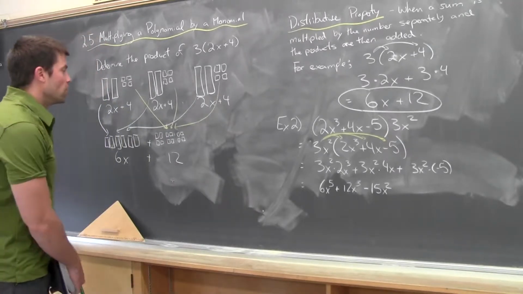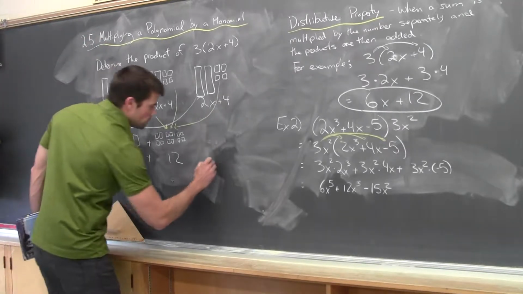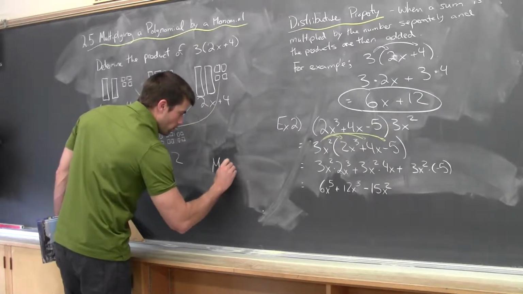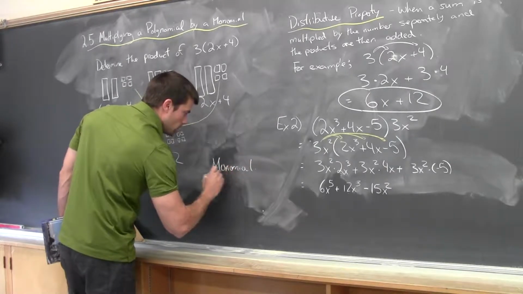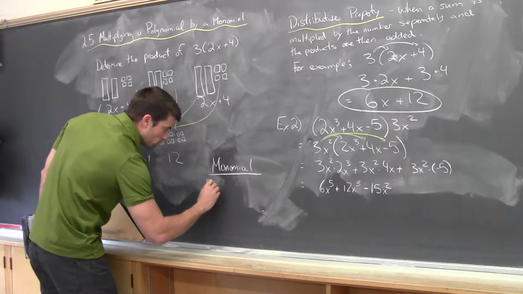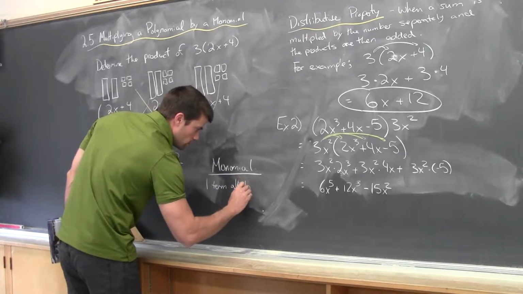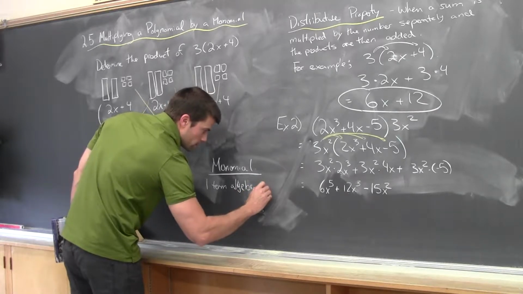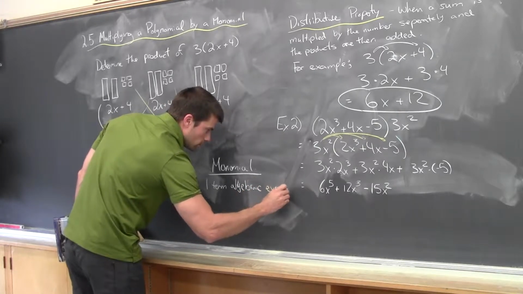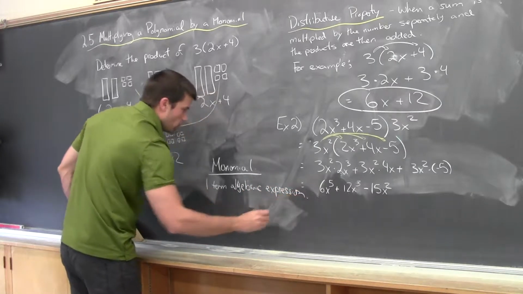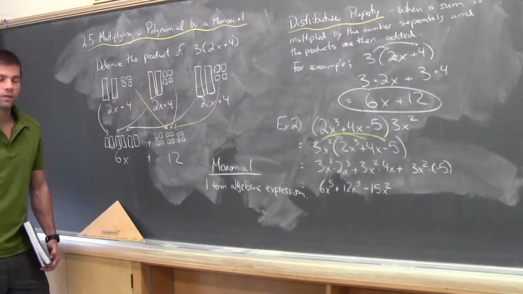Okay, good. So, a monomial, let me put it down here, monomial, is just a one term algebraic expression. Okay, we don't need a super fancy definition.